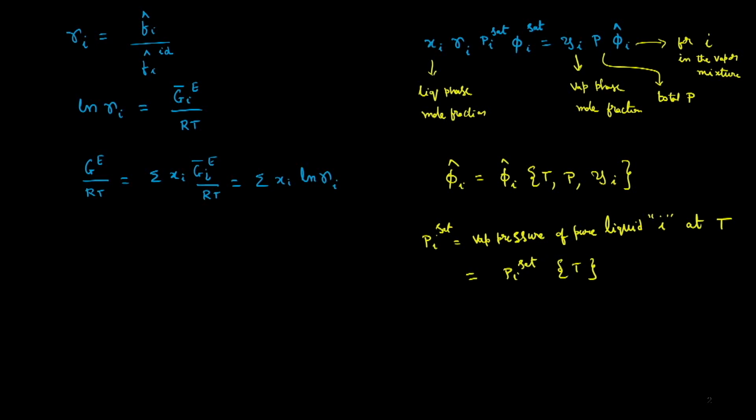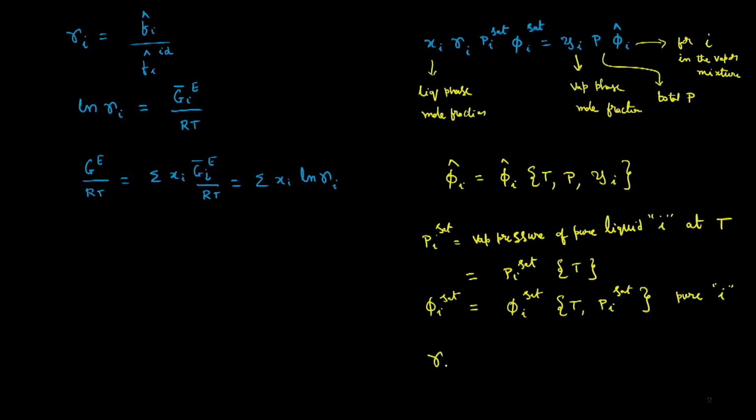It's the vapor pressure of that species i, and phi_i sat is the fugacity coefficient at the saturation conditions, and so it will be a function of the temperature and the corresponding vapor pressure, which is P_i sat, but this is still for pure species i alone. It's not in the mixture. So it is independent of the composition x_i.